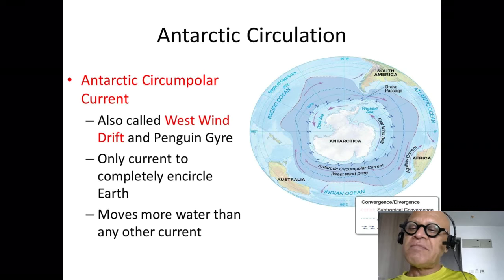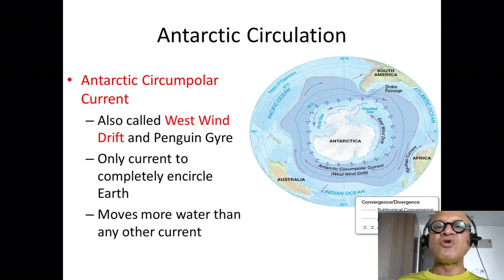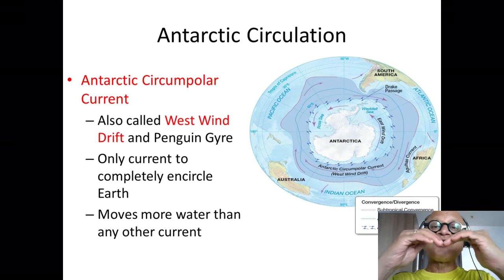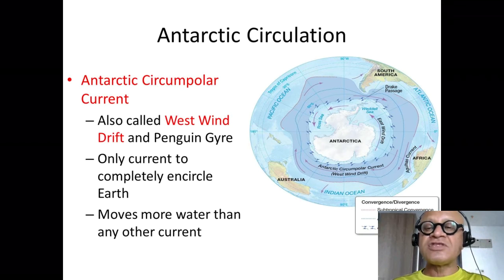So look at this figure carefully. It is showing multiple convergences and divergences. I hope by now you are comfortable with the terminology convergence of currents and divergence of currents. We often also talk about Ekman convergence and Ekman divergence because they are wind-driven convergences and wind-driven divergences.